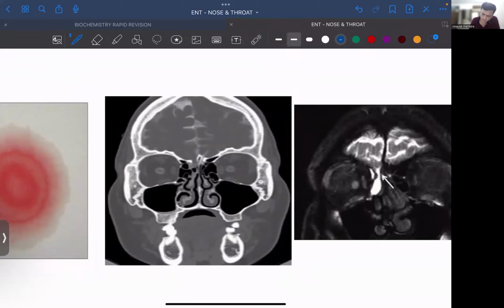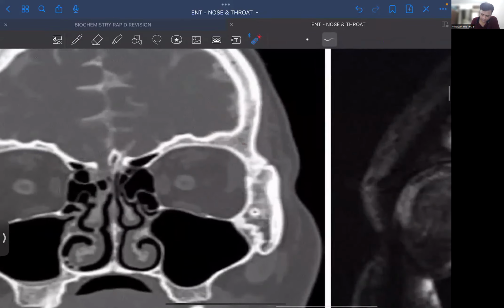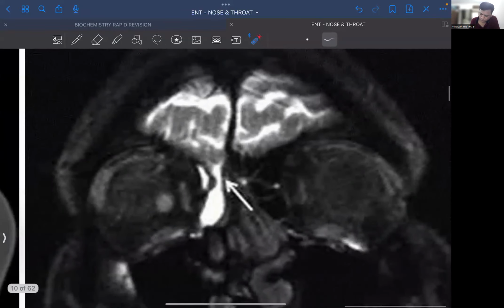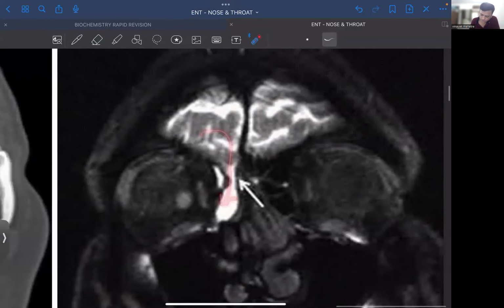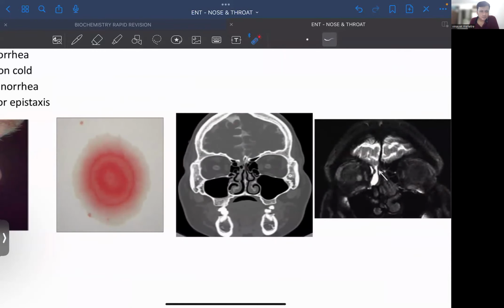Fracture of the base of the skull. This is the base. Now take a look over here. You can see a continuous line going through this part. Now take a look over here. There is a breakage, right? So whatever CSF is present in the brain is going to come down. This is called CSF rhinorrhea.